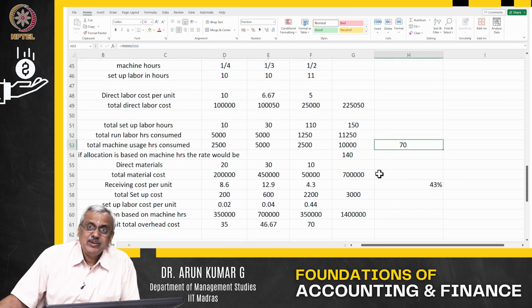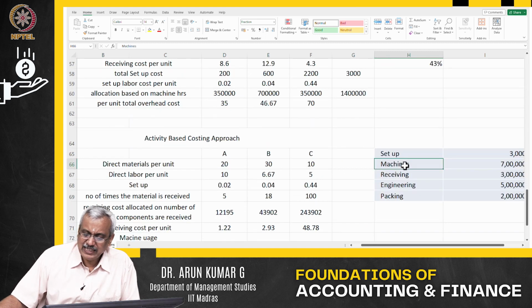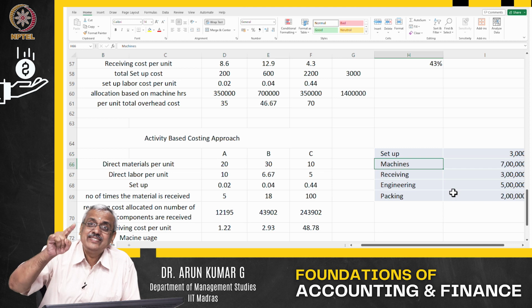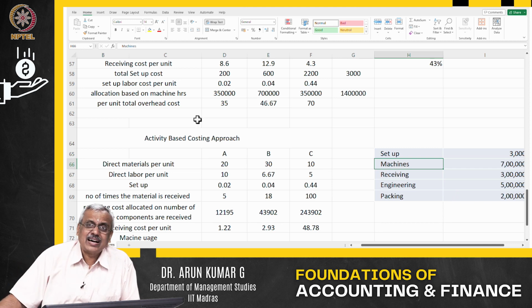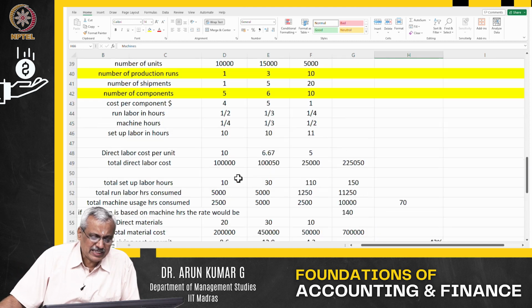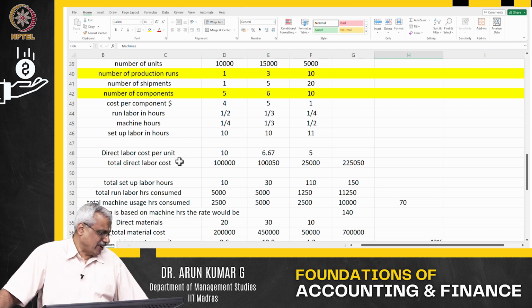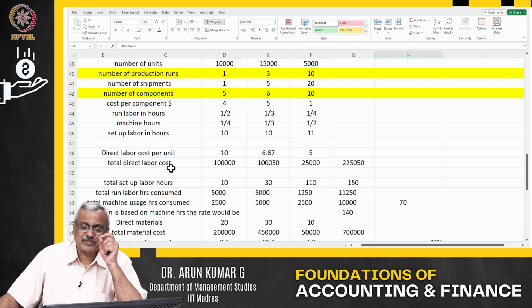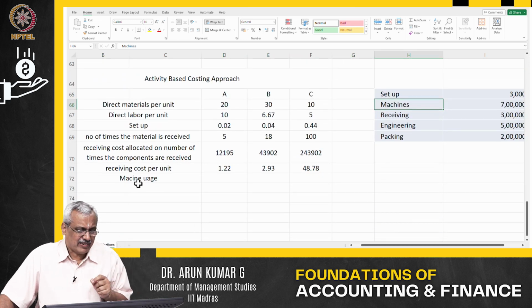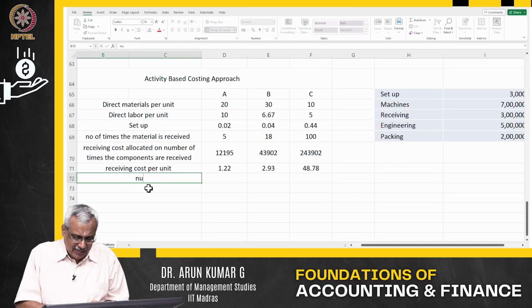So what happens? Machine usage is an activity. The activity driver is the number of hours you use the machine for every unit of the product, that is, machine hours. So, machine cost per unit.